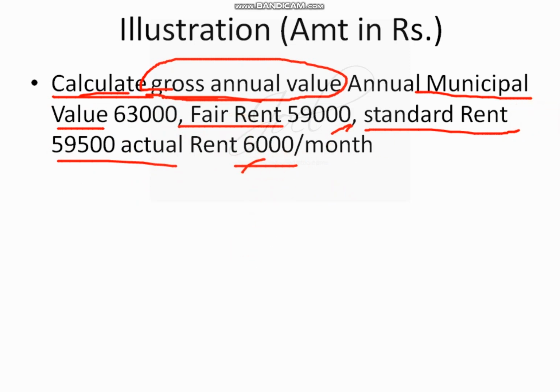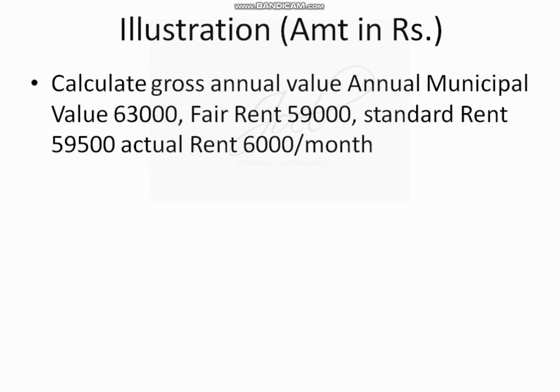Sometimes this amount will be given as a lump sum amount, but here it is already given clearly, so we are considering this particular amount. Again we'll take municipal value and fair rental value. The highest amount is 63,000.